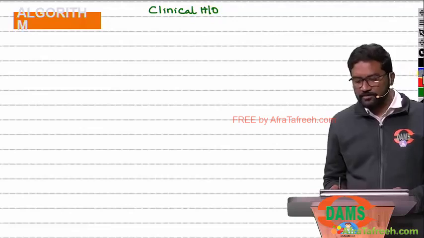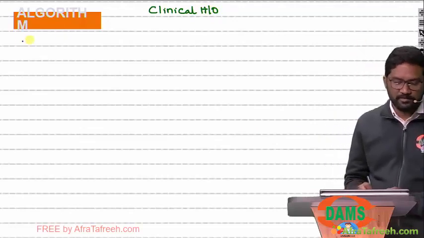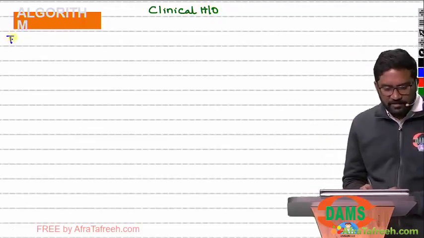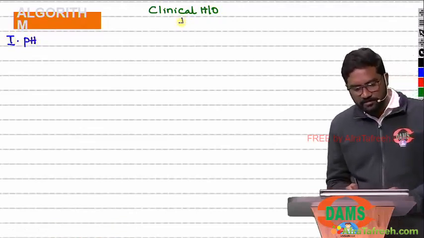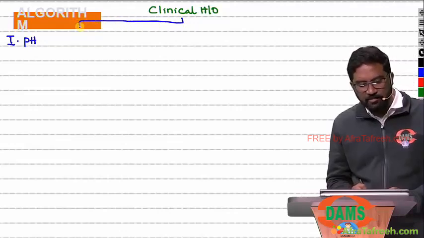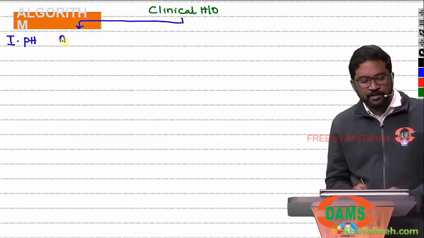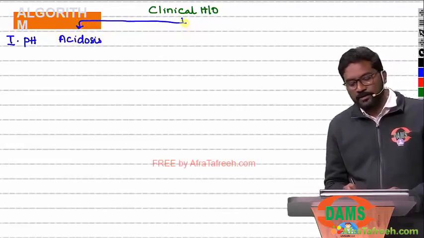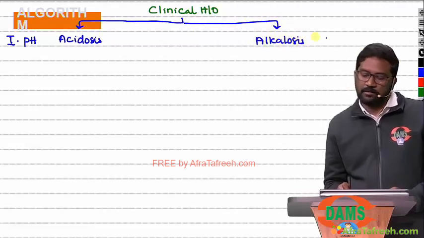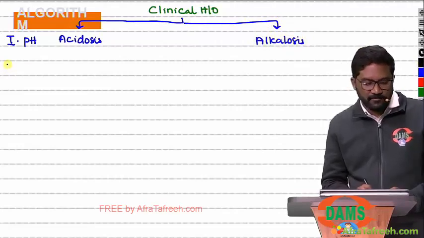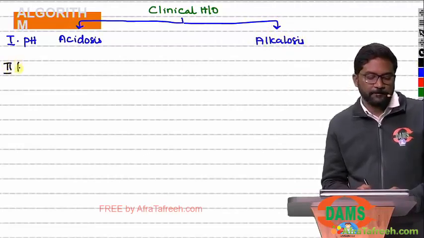After going through the clinical history, now look at the ABG. First step, see the pH. By seeing the pH, you should be able to at least tell whether you are dealing with acidosis or alkalosis. Then the next step is, what is the primary disorder?